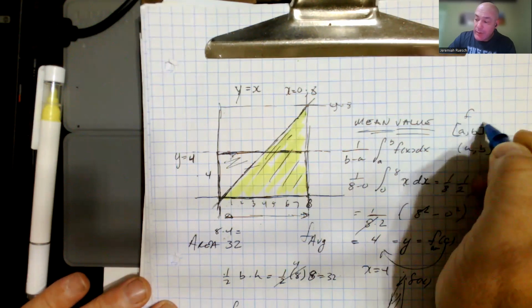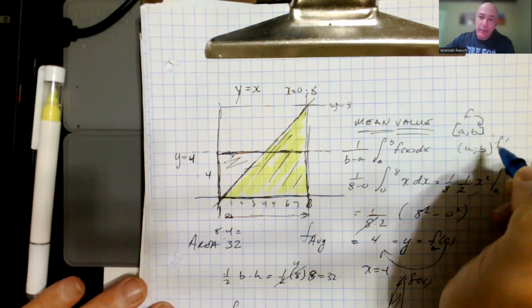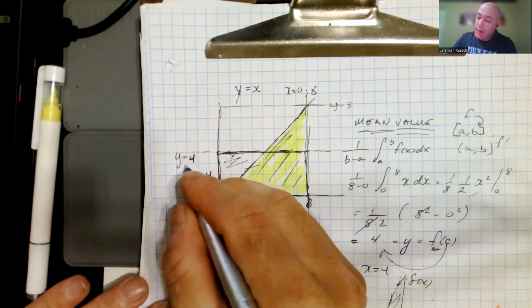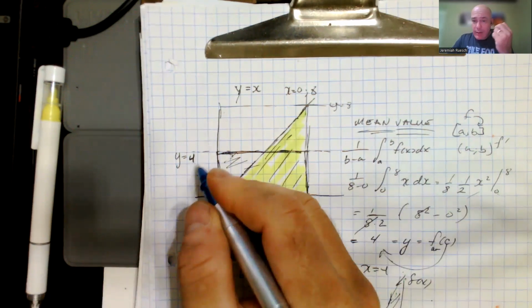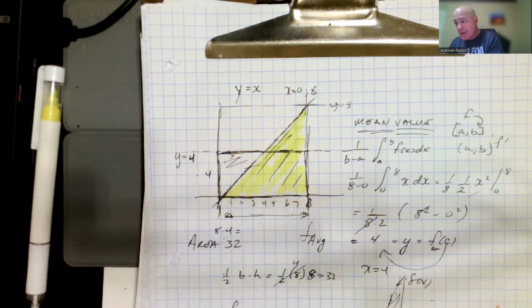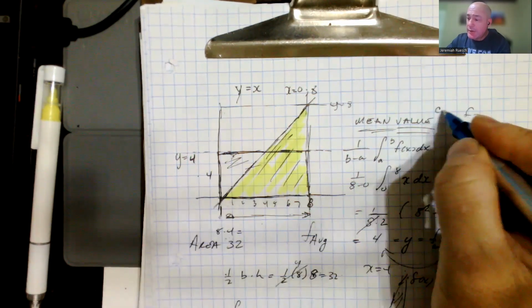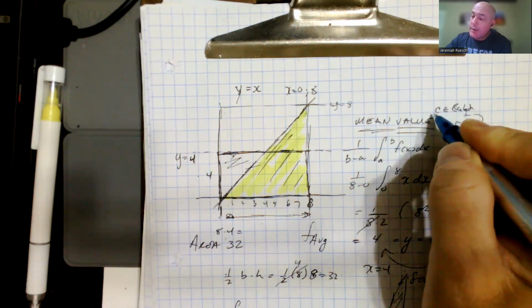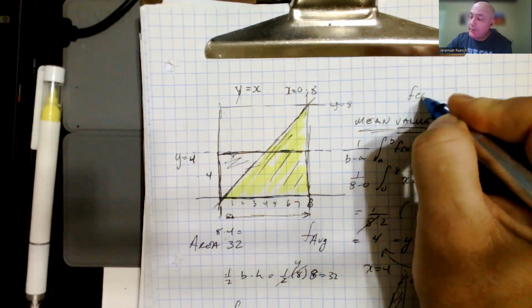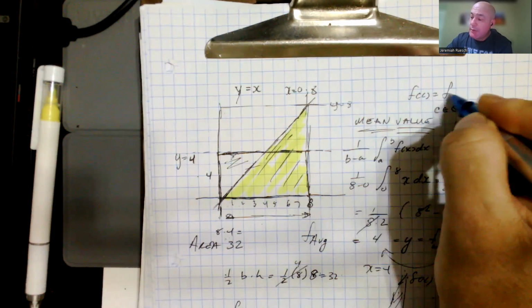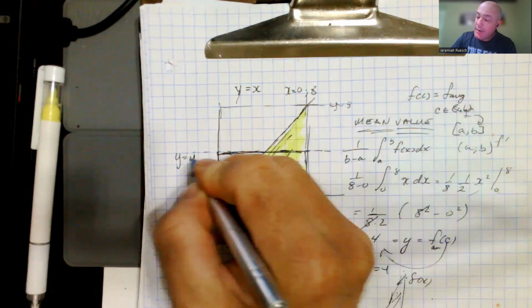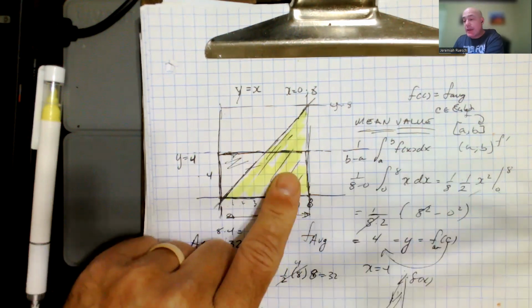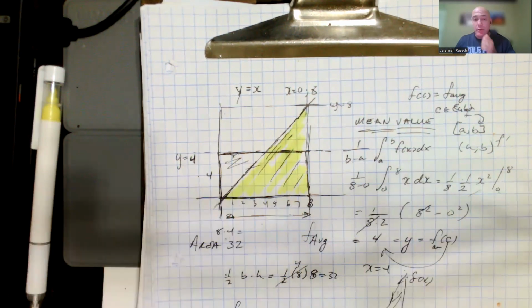And if that's true, then I can give you a c value, so there's some value of c in (a, b), that when you evaluate f of c, it's equal to the average value of that function, which is this height here, which gives you the corresponding rectangle that captures the same area as the total region.